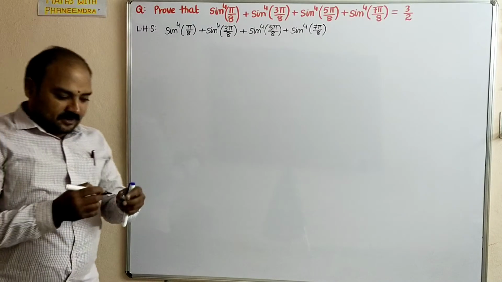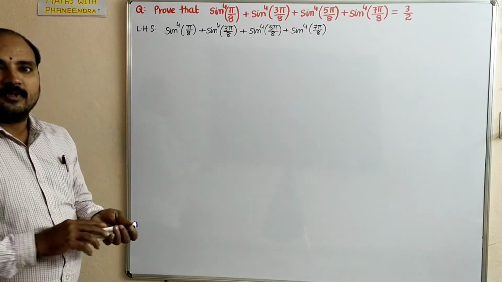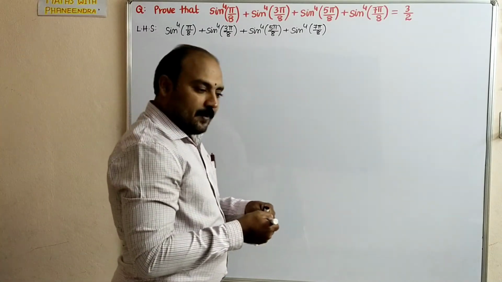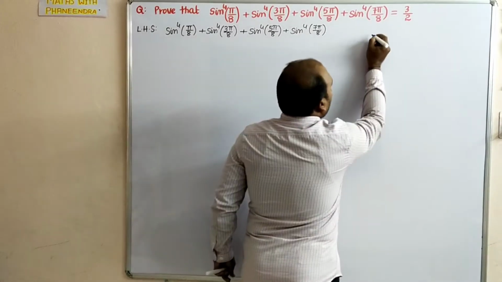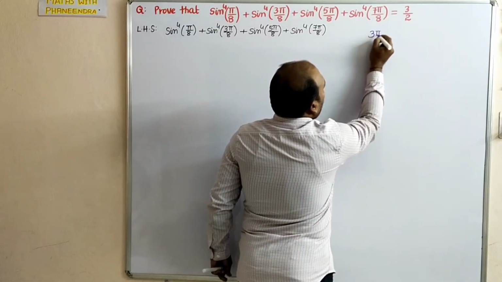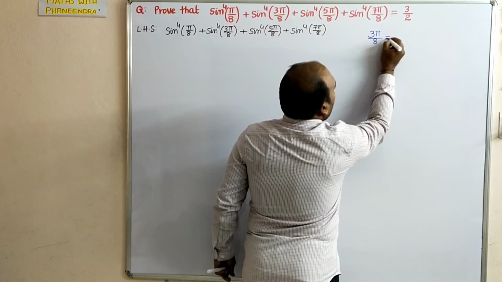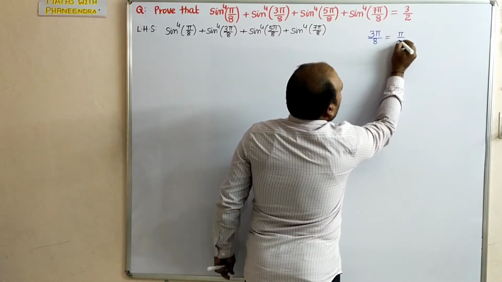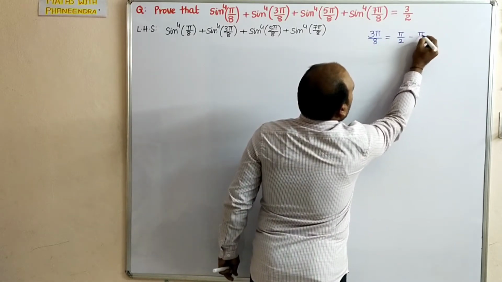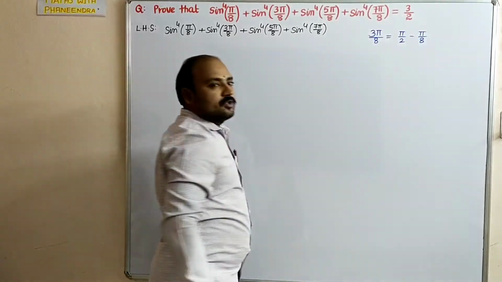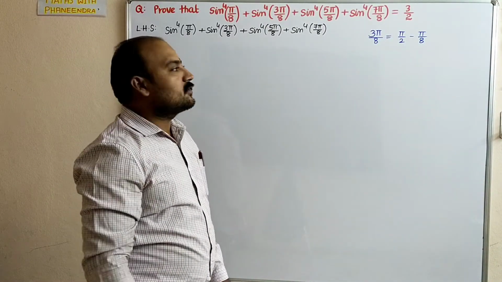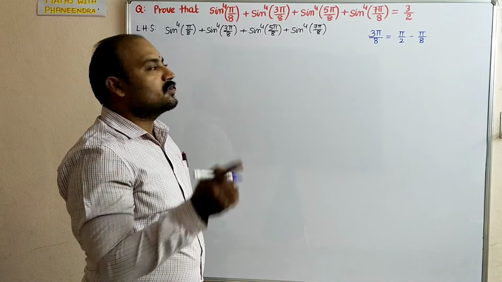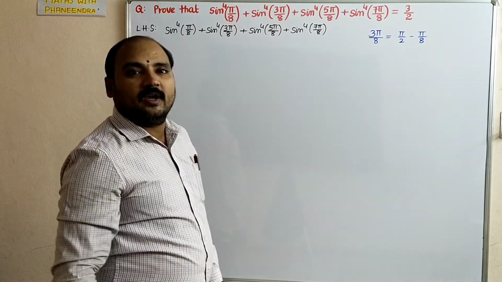After writing that step, wherever 3 pi by 8 is there, we can write it as pi by 2 minus pi by 8. See, after taking LCM, 8 is the LCM, 2 4s are 4 pi minus pi, it will become 3 pi.